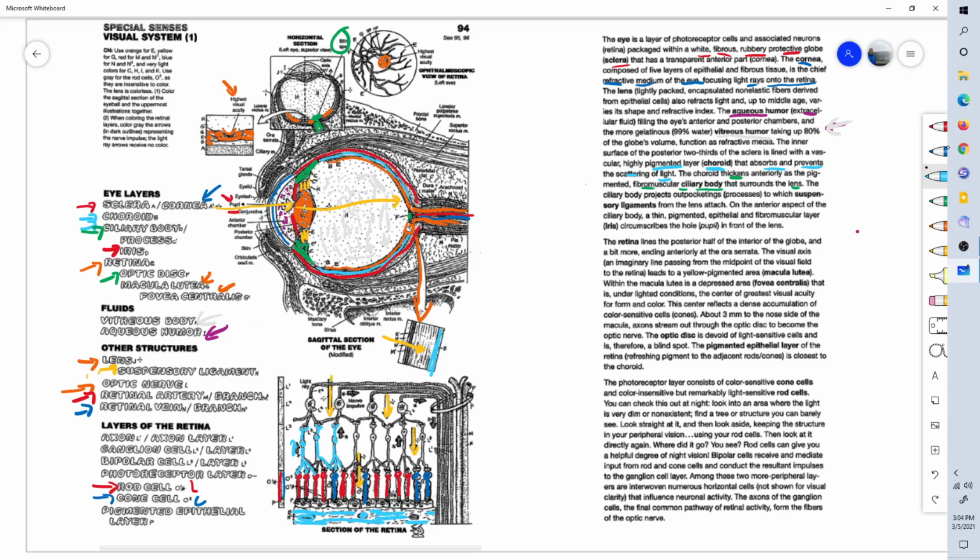These bipolar cells, you can see they're synapsing here with the rod and cone cells, sending the signal now in the opposite direction of the sensations that they picked up, light and color.